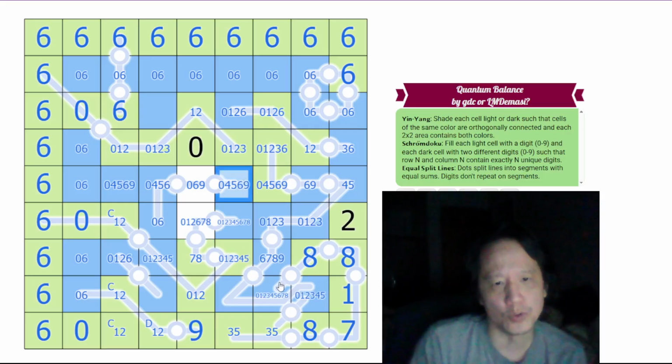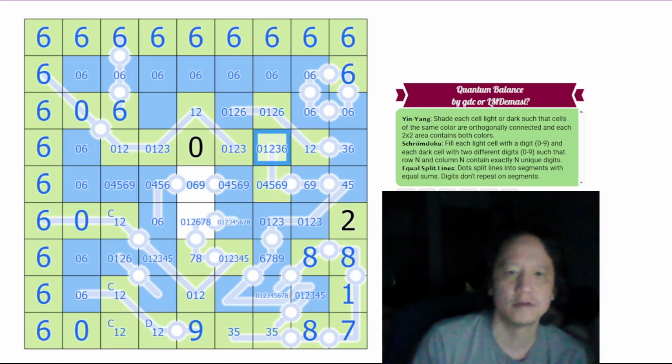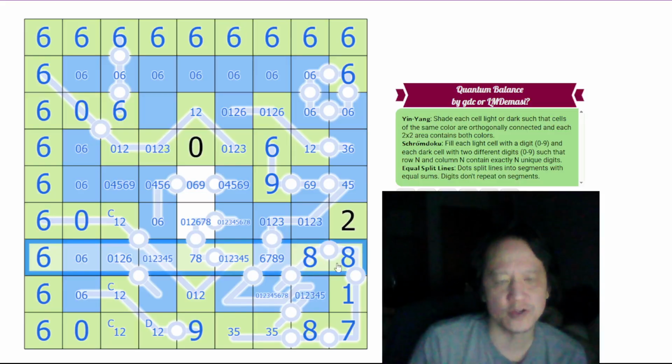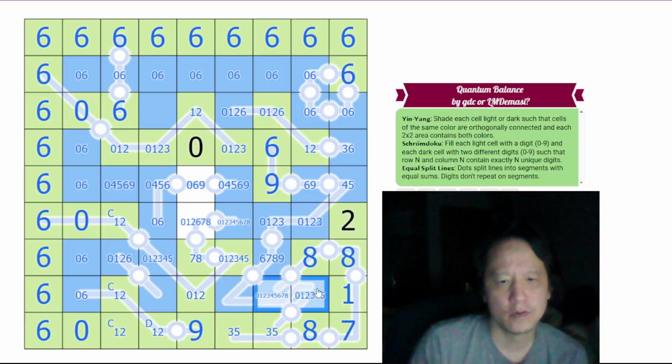This is blue. So this is 15. And these are single digits. This has to be 6 and 9 then. 6 and 9 here. We have 7 unique digits here. Okay. This adds up to 8, adds up to 8.